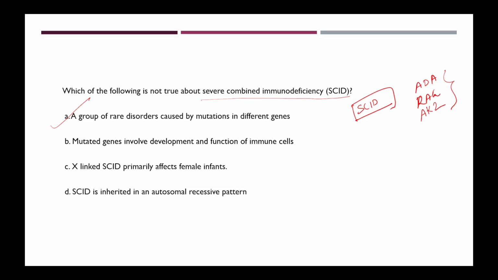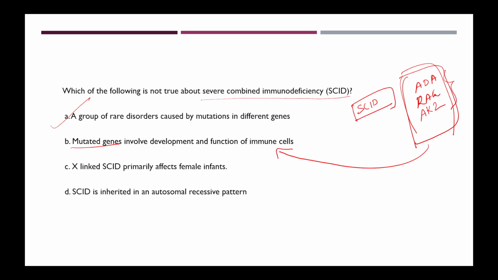No. So here it is saying that the genes that are being mutated are involved or related to the development of the immune cells. So that is correct, right? They are just mentioning that these genes are involved in the development of immune cells. So that is the correct option, right?